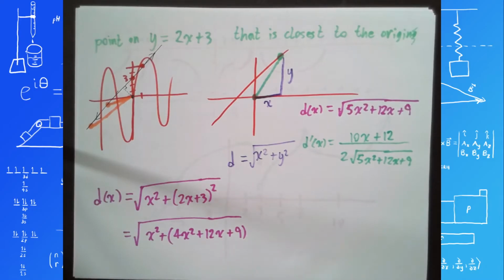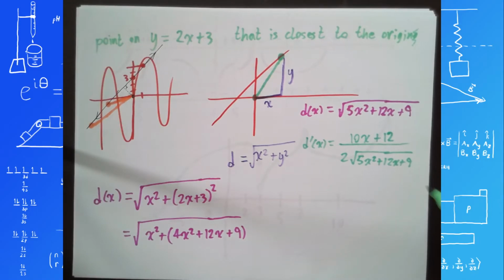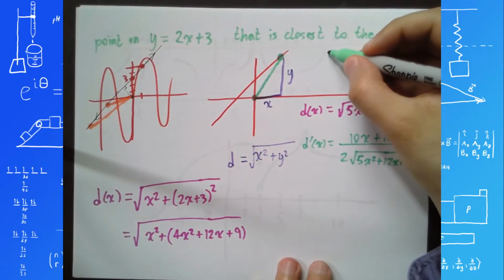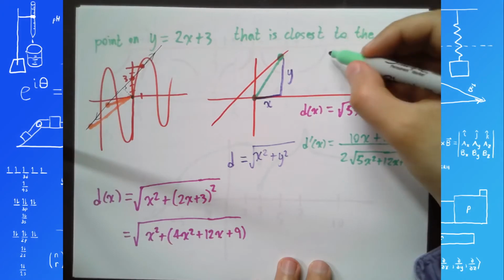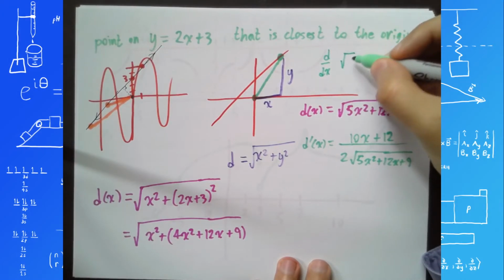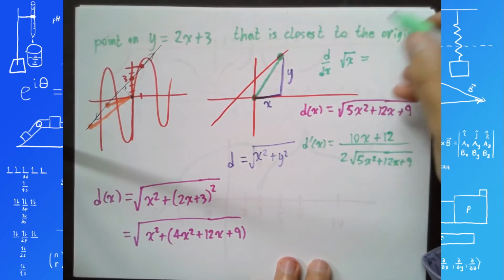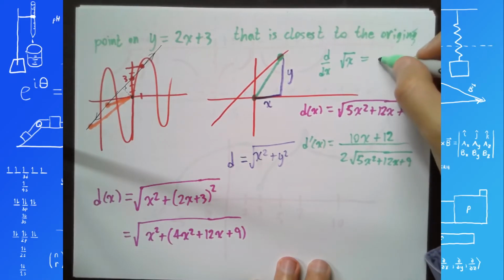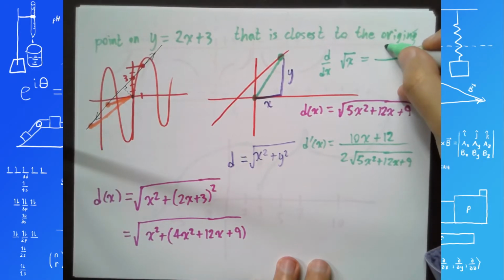In case I lost anybody there with what I did, if you've taken the derivatives of square roots often enough, then you should know by now that the derivative of a square root, if you rewrite it as an exponent as x to the half and do all that stuff, by the end what you end up with is 1 over 2 square root of x.